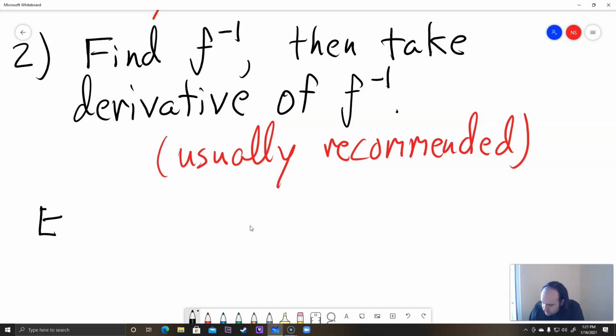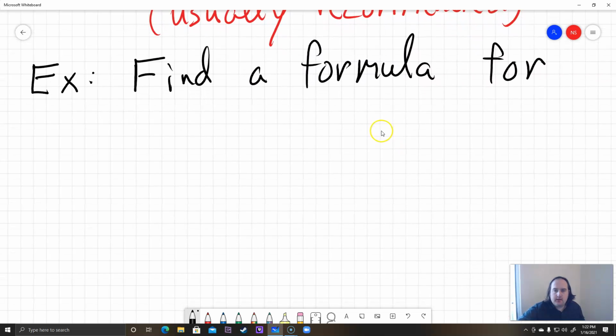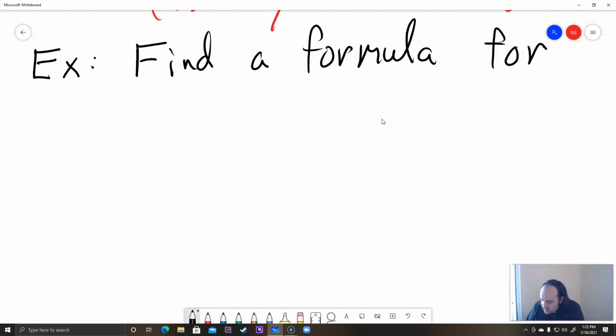Okay, so example. Find a formula for df inverse dx.